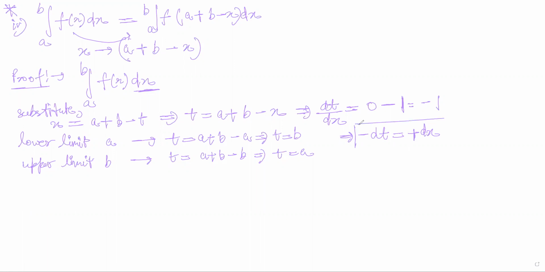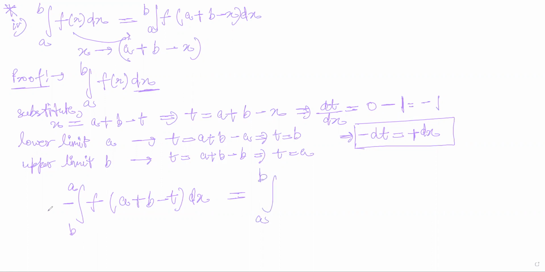You can also say this, right? So this integration changes to, the lower limit becomes b, the upper limit becomes a. In place of x, you can write a plus b minus t. In place of dx, you can write minus of dt. Which is nothing but, if you take this negative into the limits, you can interchange the limits from a to b.